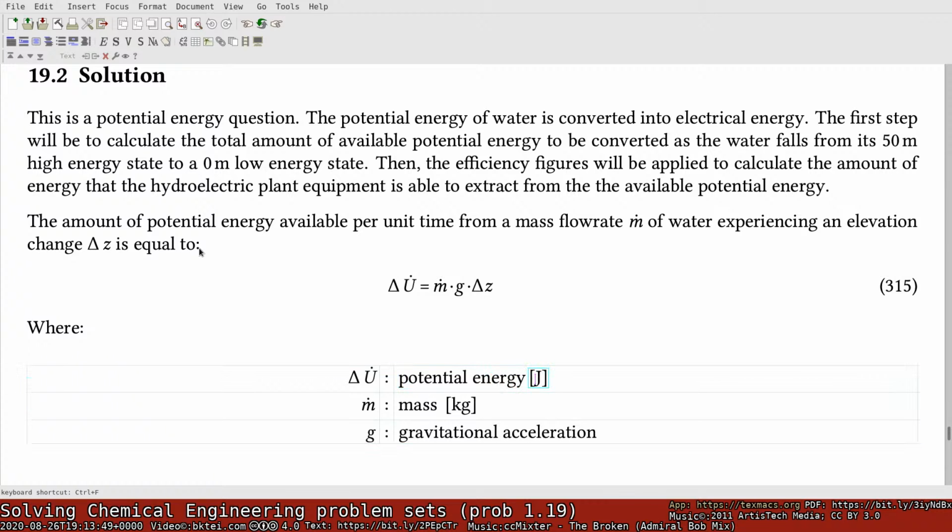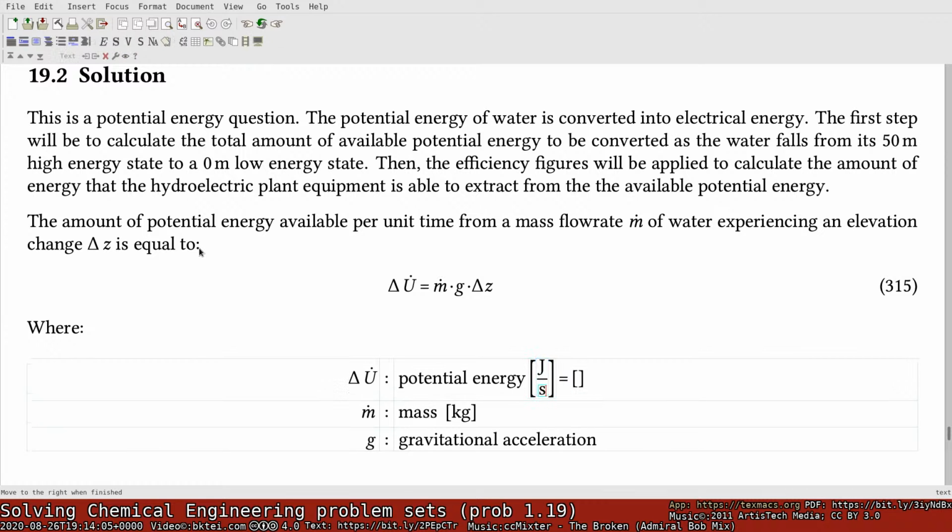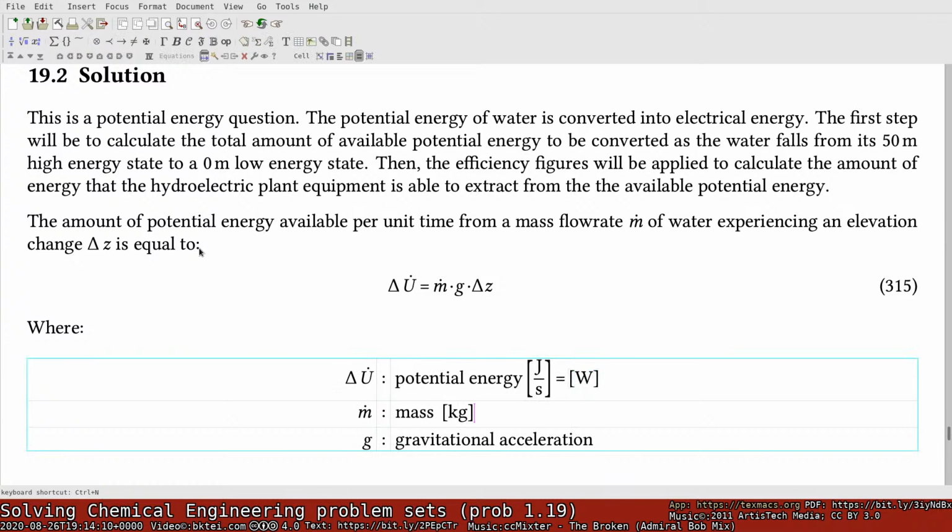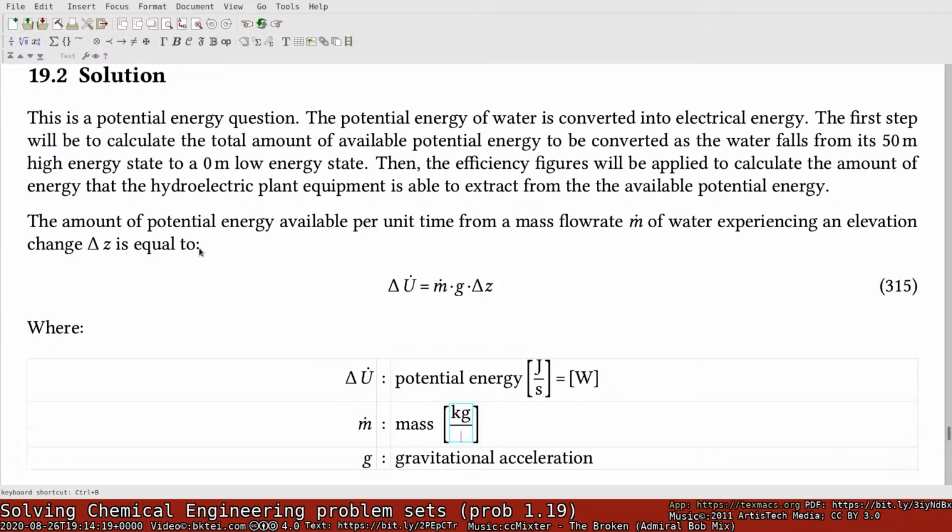That is joules per second, or watts. Joules per second, or watts. This is definitely kilograms per second.